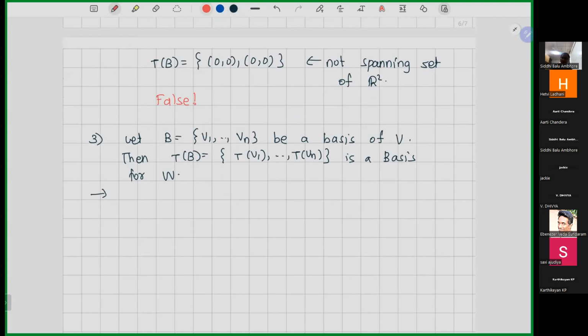There is nothing to guess, right? We already discussed that this is false, and we can take W any non-zero vector space and T to be a zero transformation. I hope you understand what the zero transformation is. Everything is going to 0.